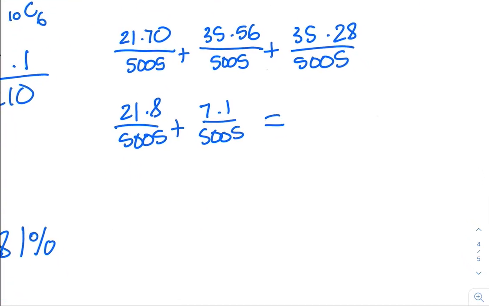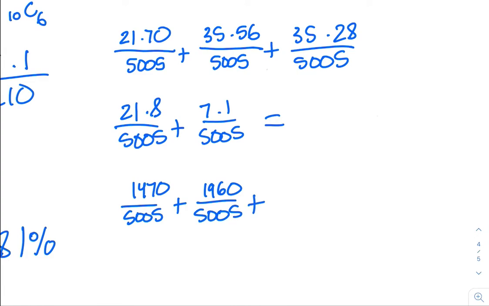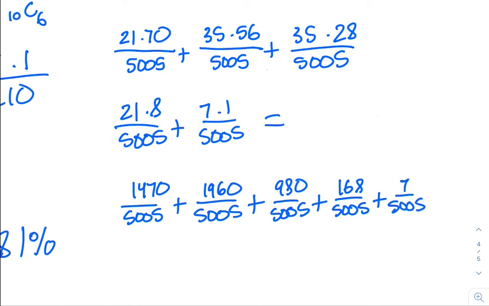So 21 times 70, 1470 out of 5,005, plus 35 times 56, 1960 all over 5,005. 35 times 28, 980 divided by 5,005. 21 times 8, 168 divided by 5,005, and 7 over 5,005.